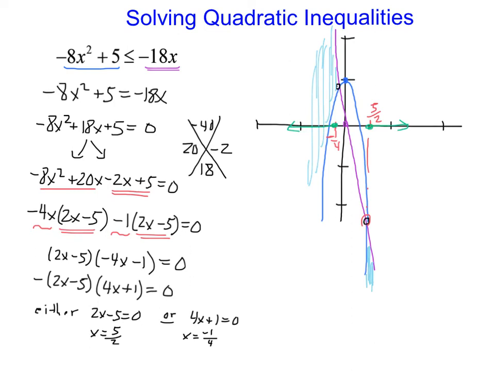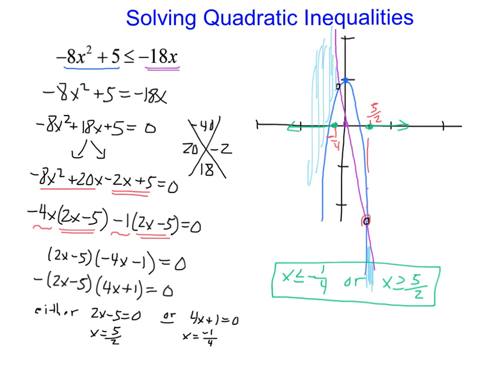So in the number line, I get that, and this can be expressed as x is less than or equal to negative 1/4, or x is greater than or equal to 5 halves. So that's part of the solution. That's the inequality form, where it's either this region less than negative 1/4 or this region greater than 5 halves, or 2.5.